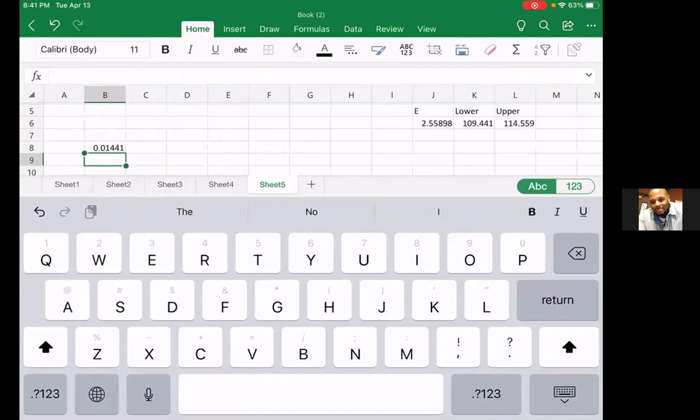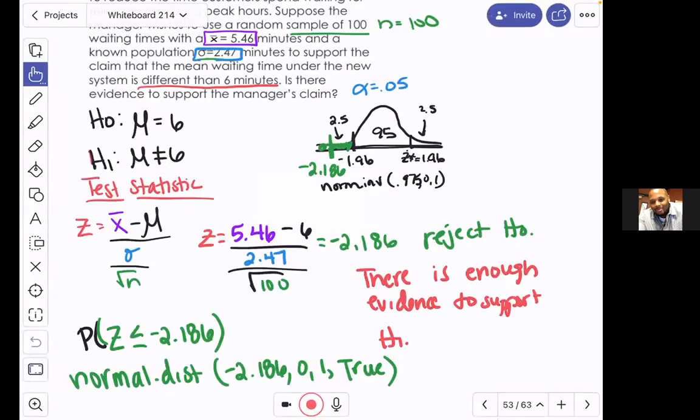Now, the problem with that p-value is we don't know if it's on the left or the right-hand side. We know from the data it's actually on the left-hand side, but in all actuality, we really don't know if it's over here or over here.